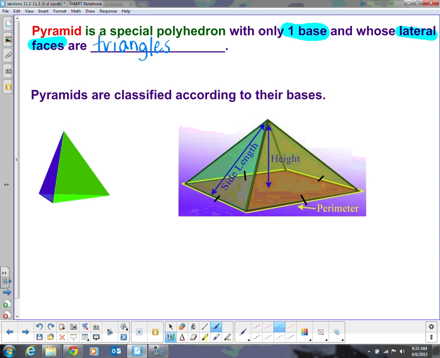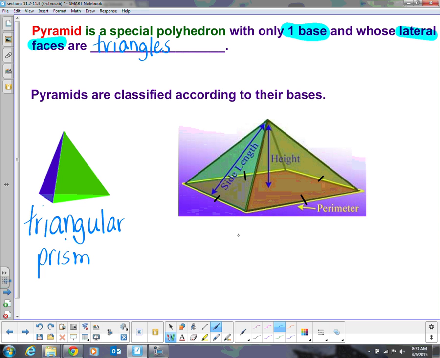All right, what do you think the left one is called? Again, they're classified according to their bases. Every one of those faces is a triangle, so this is a triangular pyramid. Now on this next one, notice all those little marks.